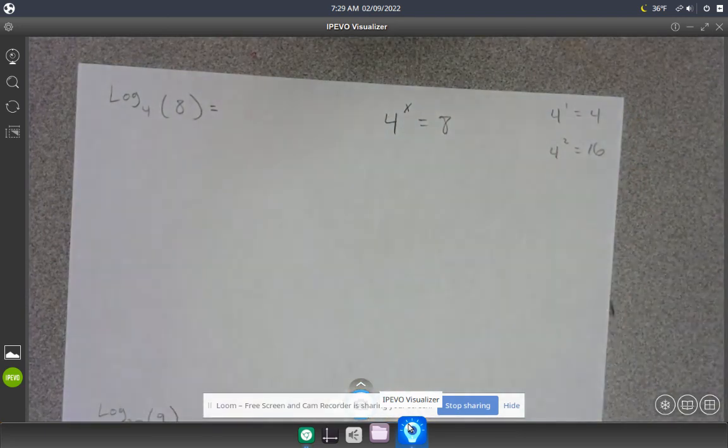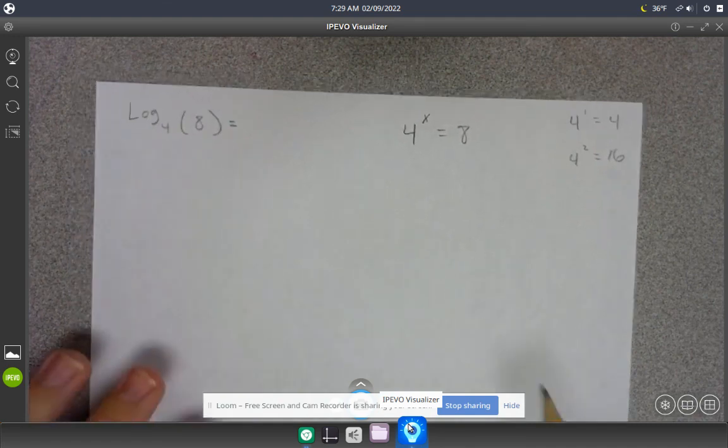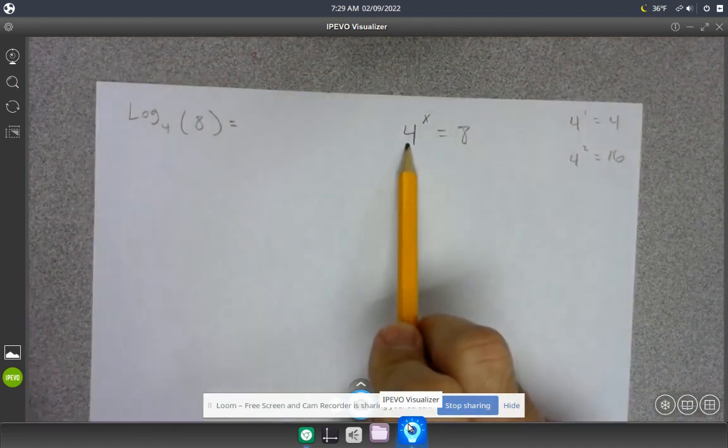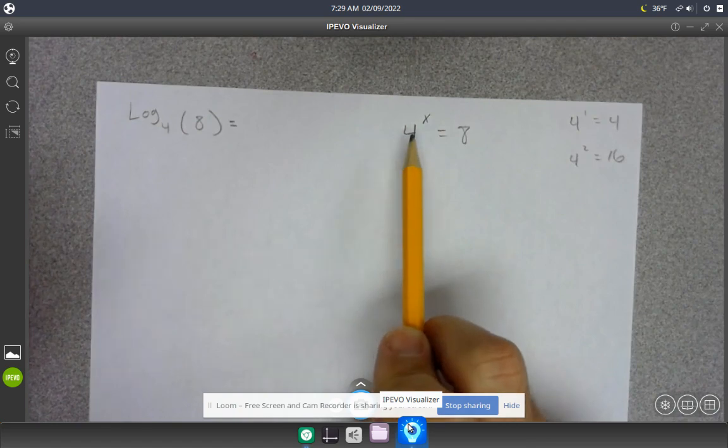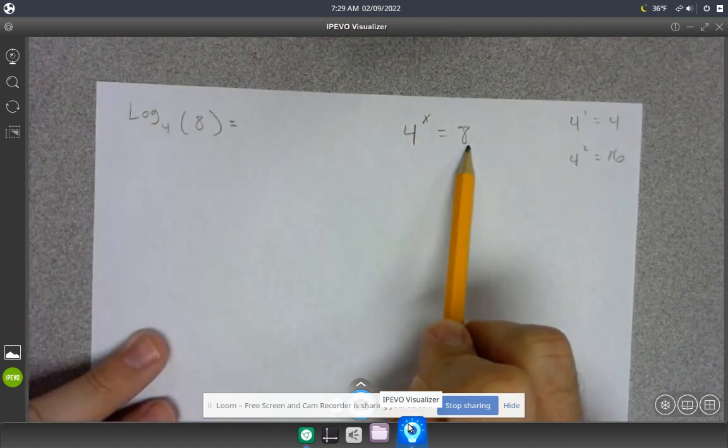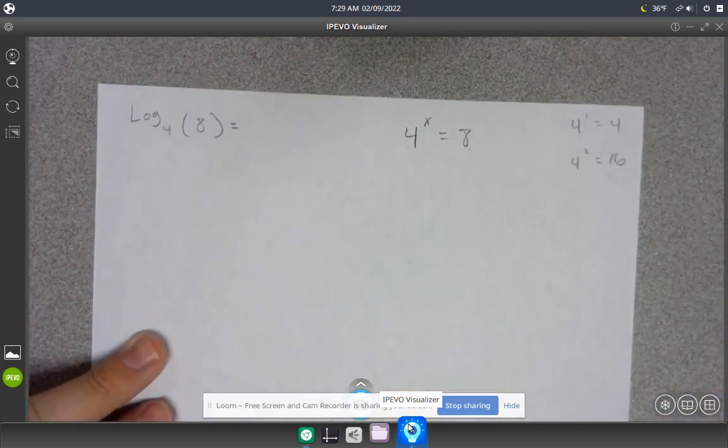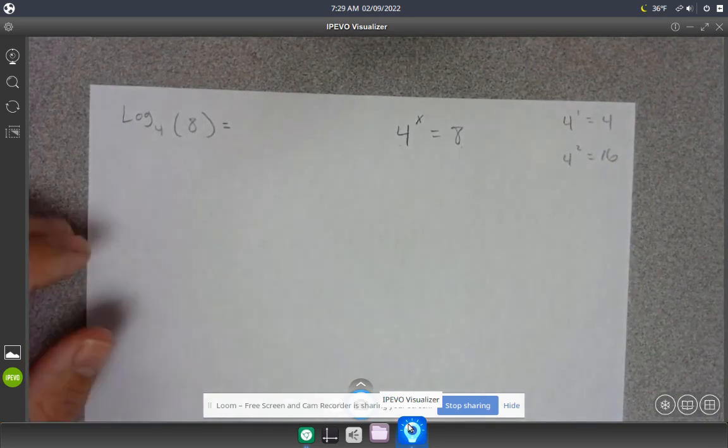All right. And if you're good with fractional exponents, this process will be pretty easy for you. It's like, you take the square root of 4, you get 2, and then 2 to the third power will give you 8. So it has something to do with a 2 and a 3.